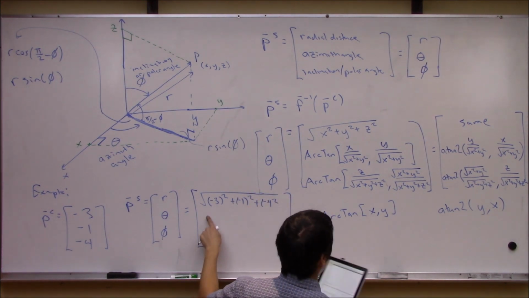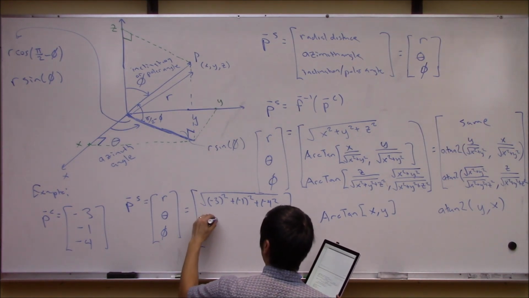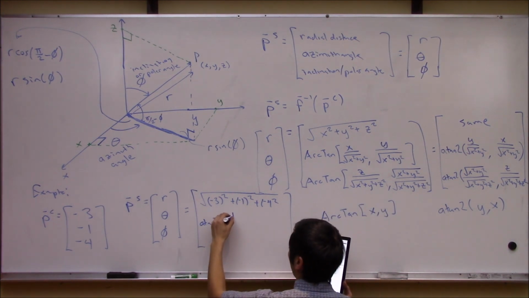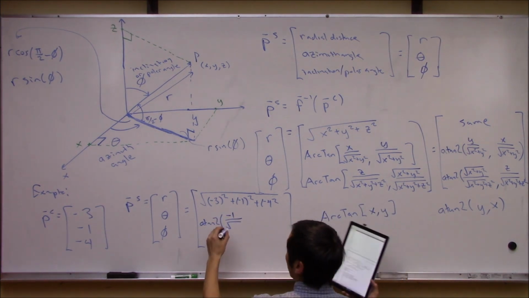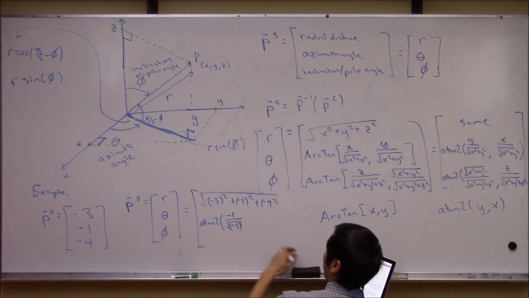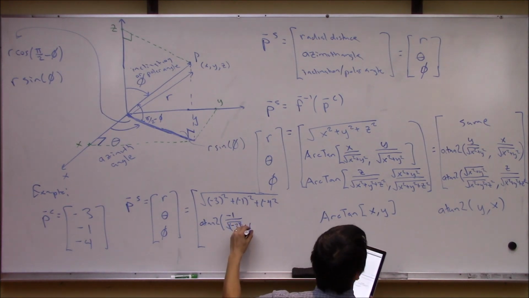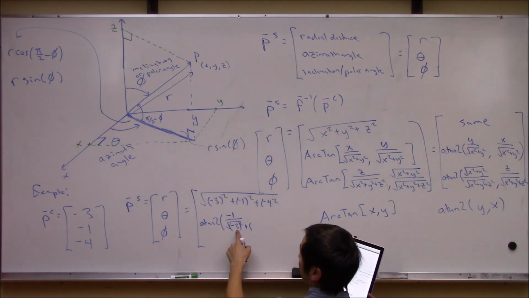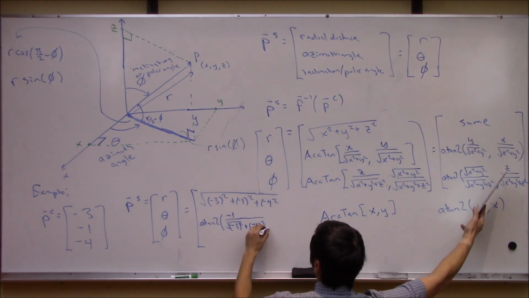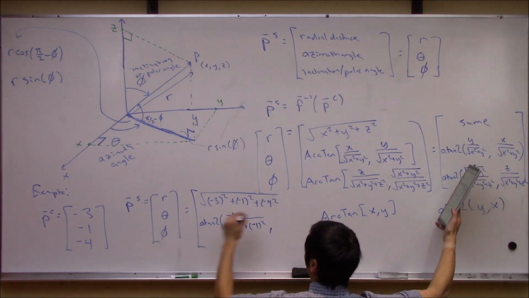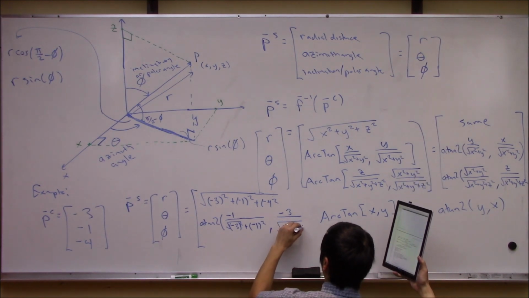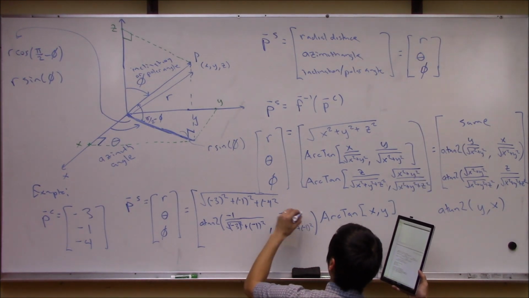Theta is going to be atan2 of y, which is -1 over the square root of -3 squared plus -1 squared, comma, and then x, which is -3 over the square root of -3 squared plus -1 squared.